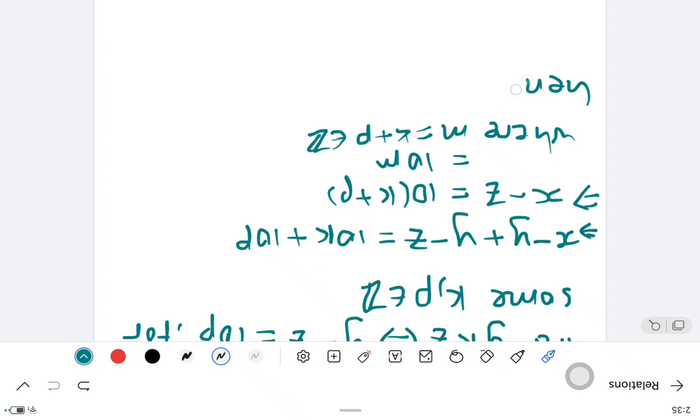Hence x is related to z, and thus R is transitive.